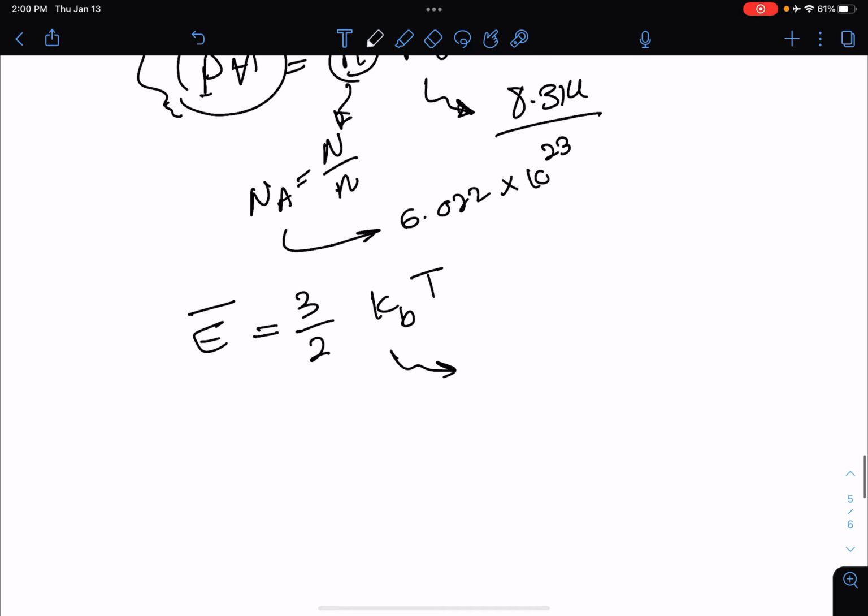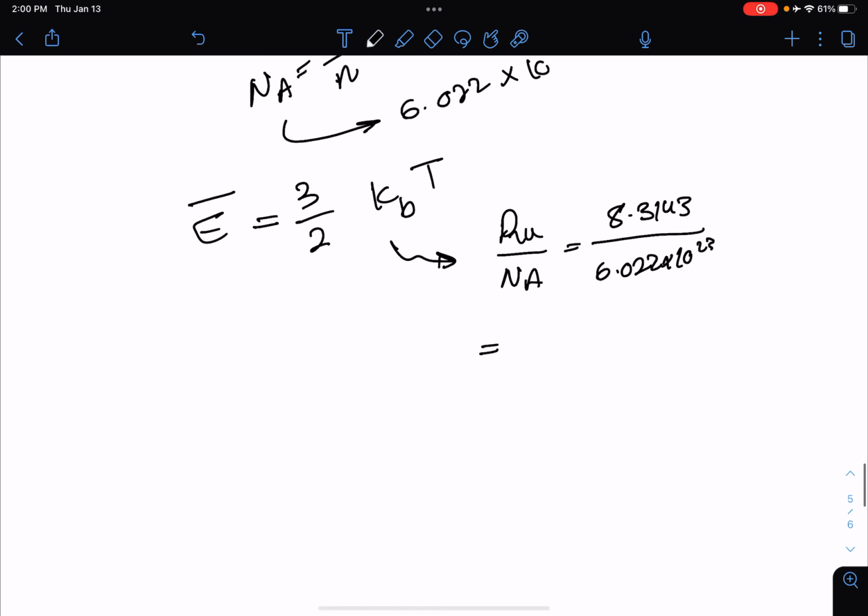And this Boltzmann constant is replacing the universal gas constant divided by Avogadro's number, which is 8.314 divided by 10 to the 23. It is actually 1.38 times 10 to the negative 23. The unit is joules per Kelvin.